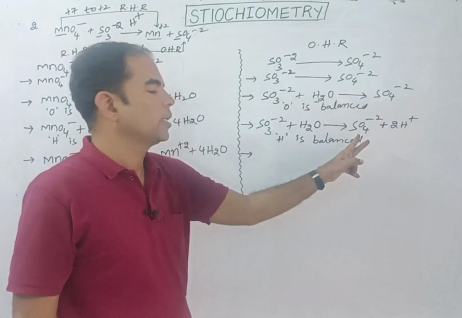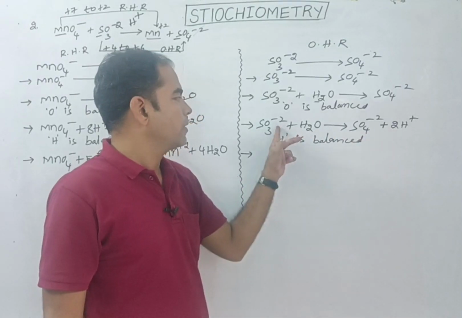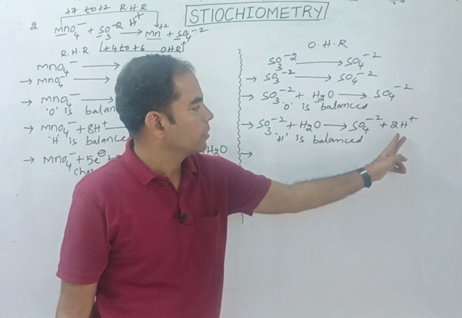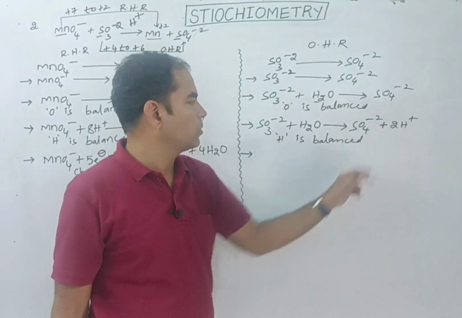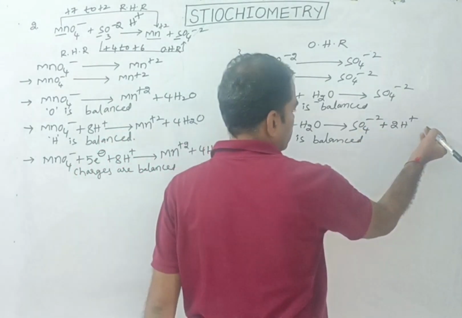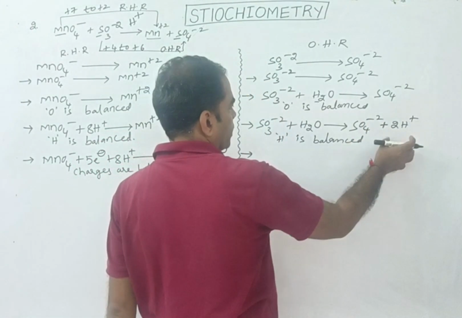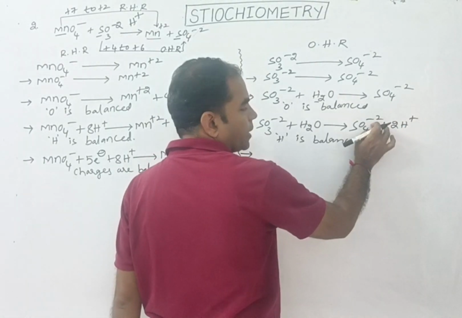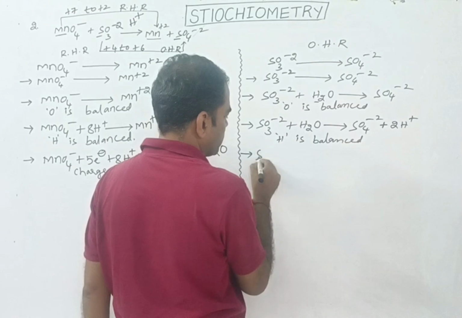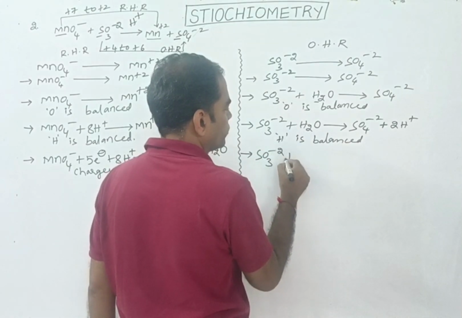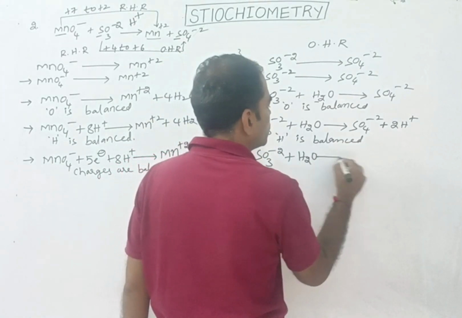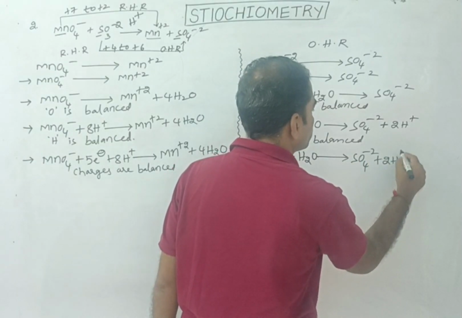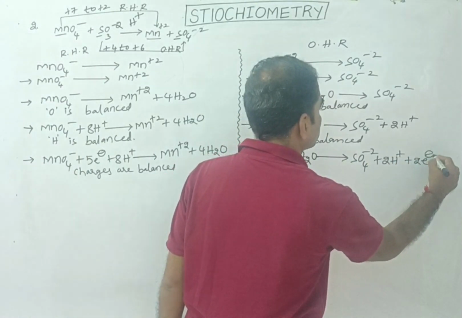Total net charge is 0. We should add 2 electrons on this side. SO3²⁻ + H2O → SO4²⁻ + 2H⁺ + 2e⁻.